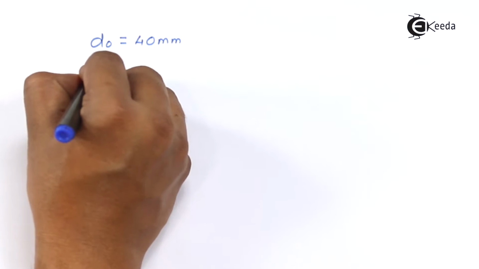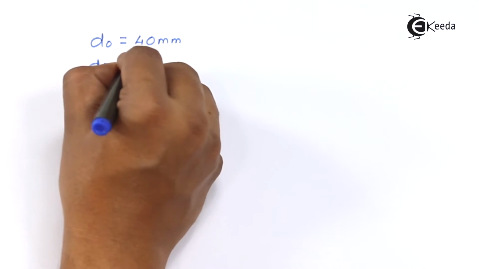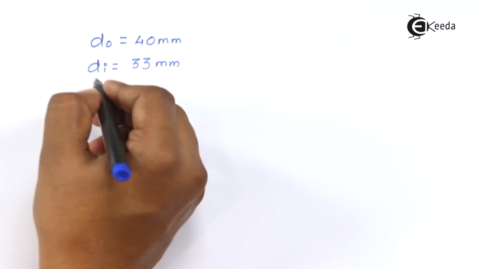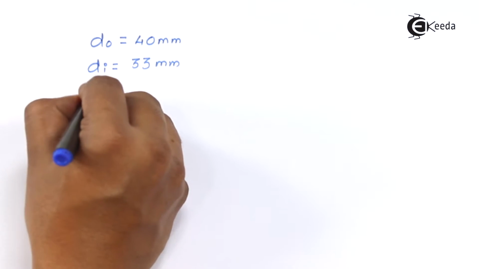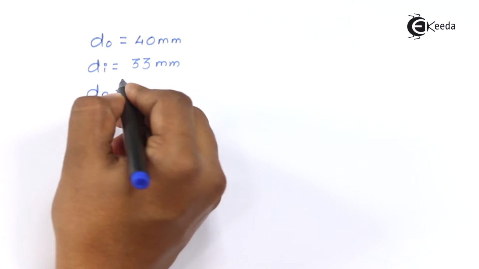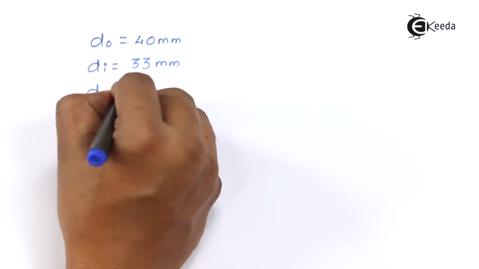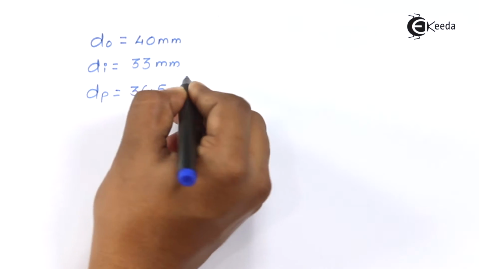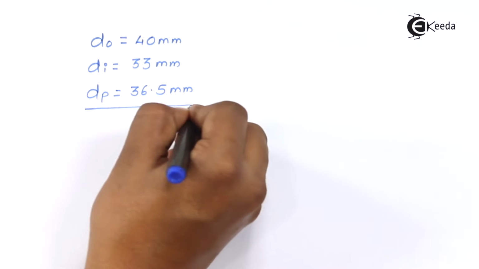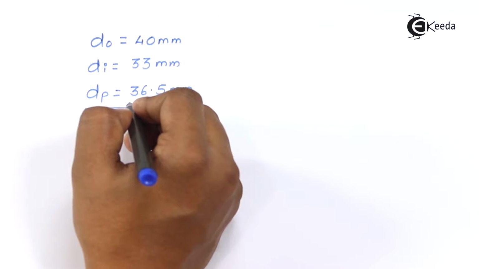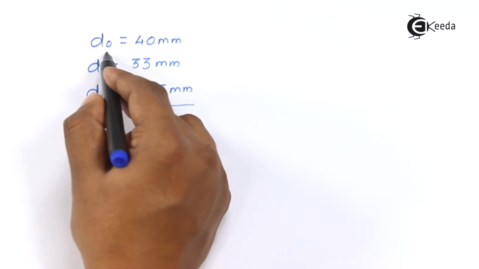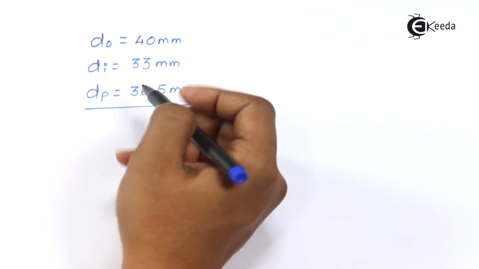The inner diameter then comes out to be 33 millimeter, and then the diameter associated with the pitch comes out to be 36.5 millimeter. That's called pitch diameter. We already learned certain concepts like pitch diameter, major diameter, minor diameter, or outer diameter, inner diameter.